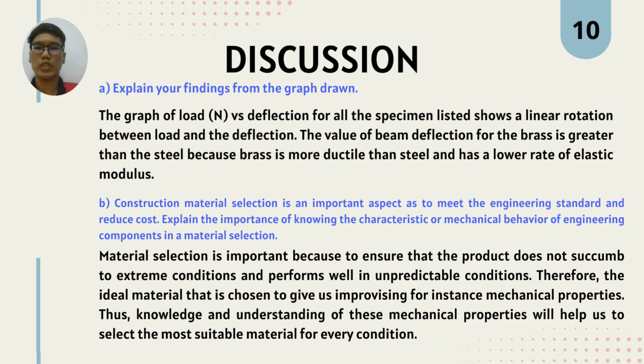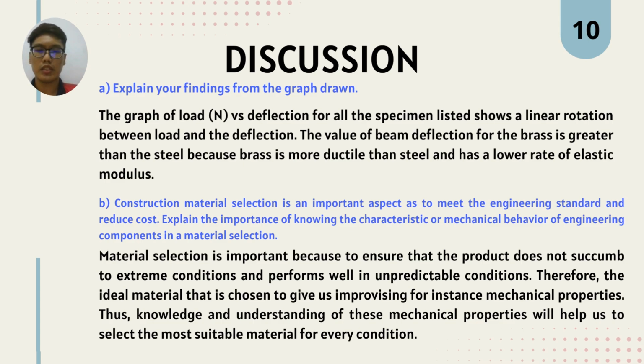For the second question: construction material selection is an important aspect to meet the engineering standard and reduce cost. Explain the importance of knowing the characteristics or mechanical behavior of engineering components in material selection.